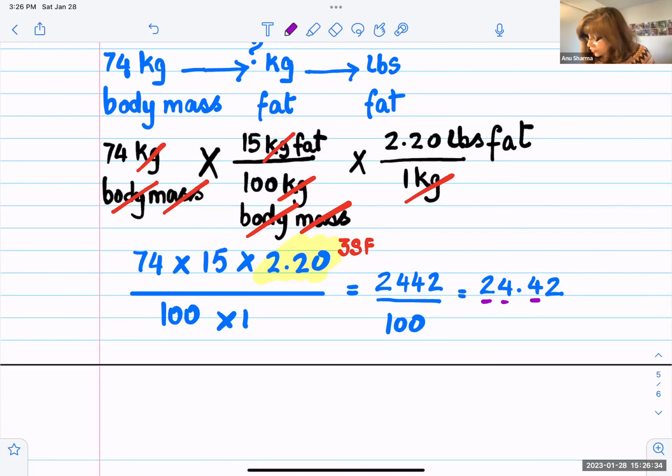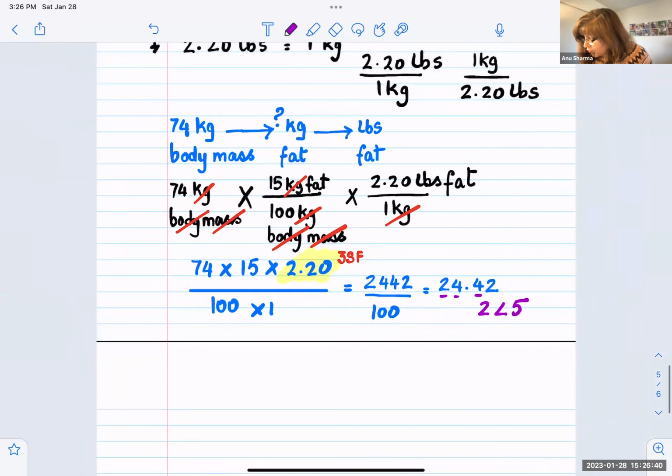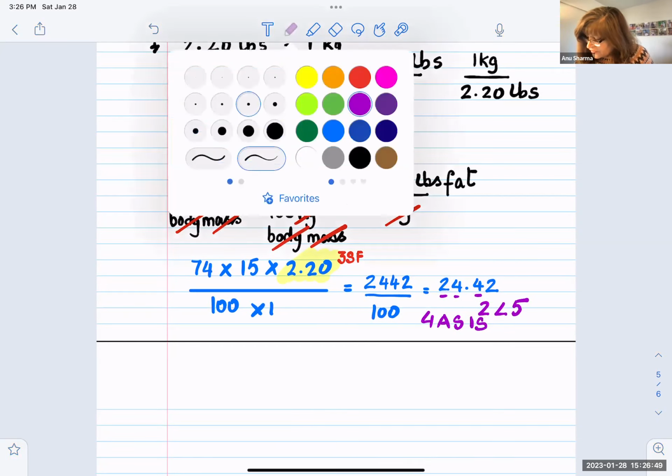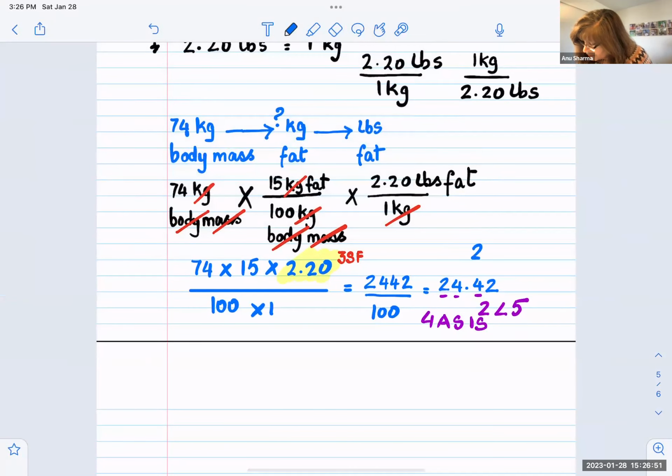Because 2 is less than 5, the 4 remains as is. So the answer can be written as 24.4 pounds. That's the ideal one.